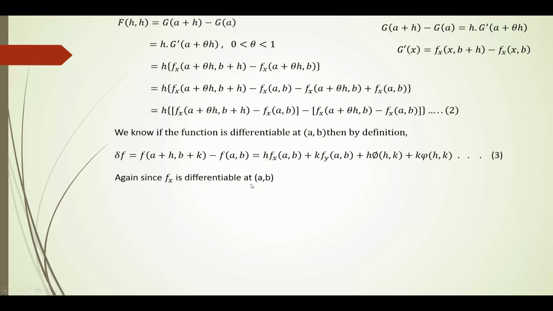In the statement of the theorem, fx is given to be differentiable at (a, b). Since fx is differentiable, use the definition of a differentiable function. In equation number 3, replace f by fx, h by θh and k by h.